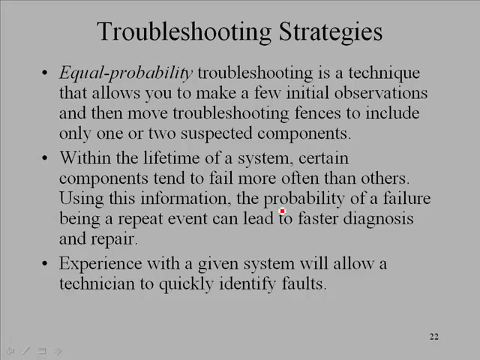Using this information, the probability of a failure being a repeat event can lead to faster diagnosis and repair. And as was mentioned on the previous page, logbooks and technician experience will aid in being able to quickly diagnose a problem.